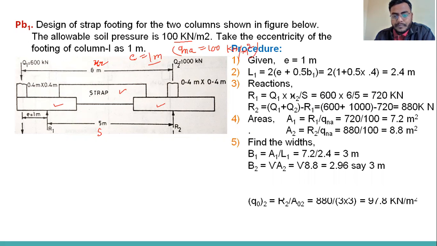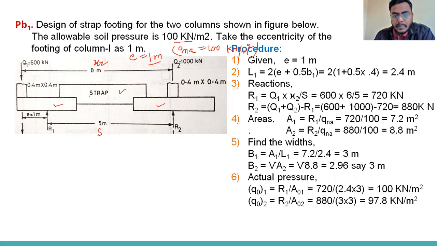Once we have the B1, B2, we can calculate the actual pressure in both cases. For the first footing, the actual pressure is R1 divided by A01, and we get 100 kilonewton per meter square. So the actual pressure is equal to the allowable soil pressure.